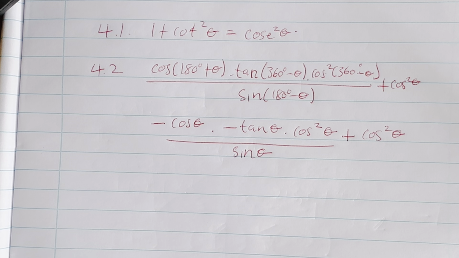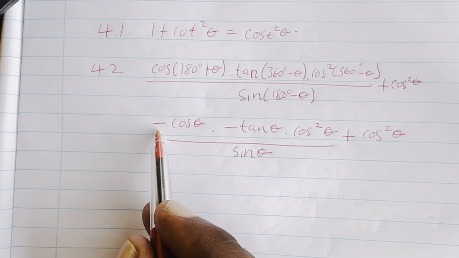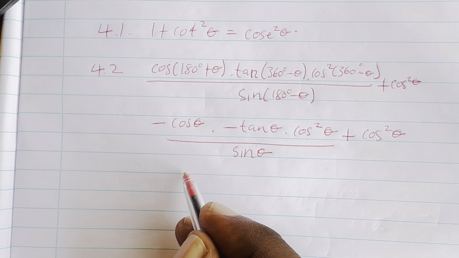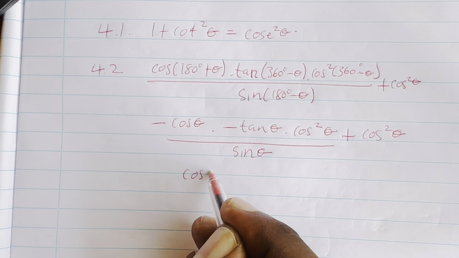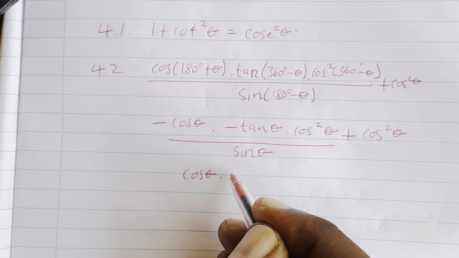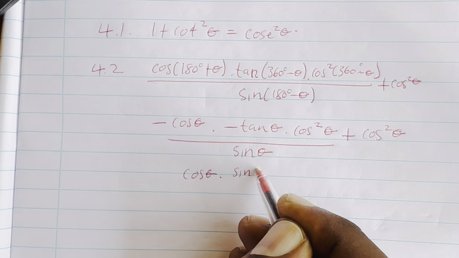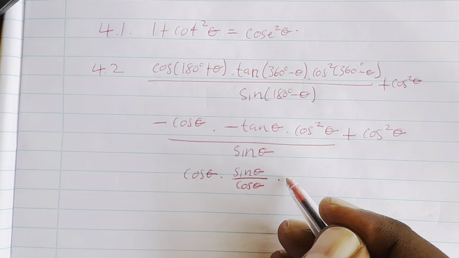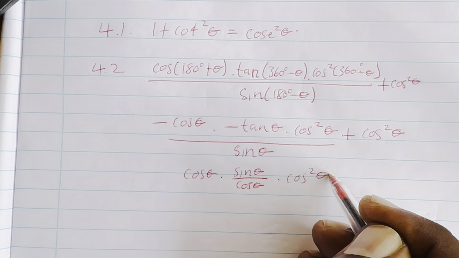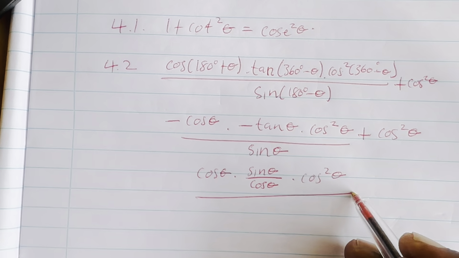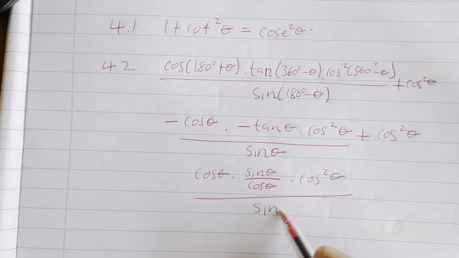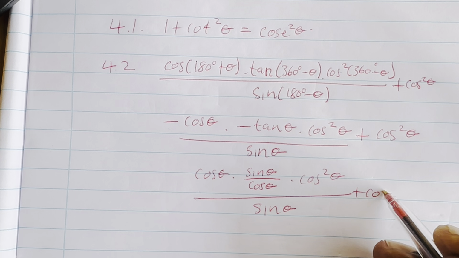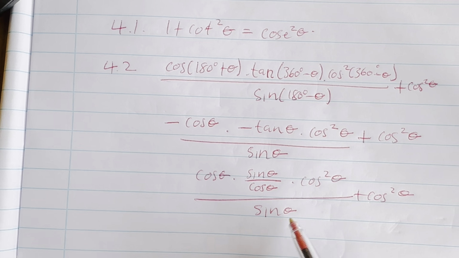Nice. So negative multiplied by negative is positive, so we're going to have cos of theta multiplied by sine of theta divided by cos of theta multiplied by cos squared theta, divided by sine of theta, plus cos squared theta.